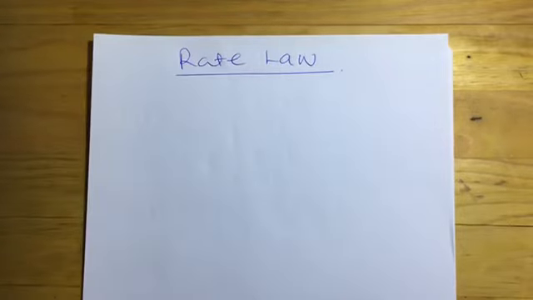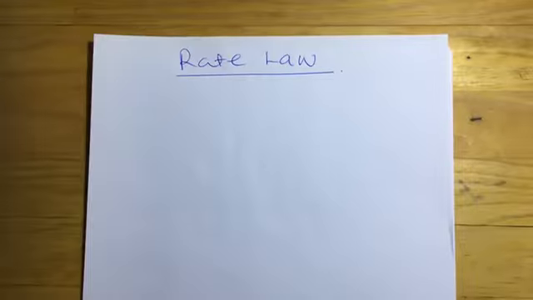So I want you guys to understand that there's a big difference between the general rate. The general rate includes negatives and it includes positives depending on whether you're looking at reactants and products. Okay?